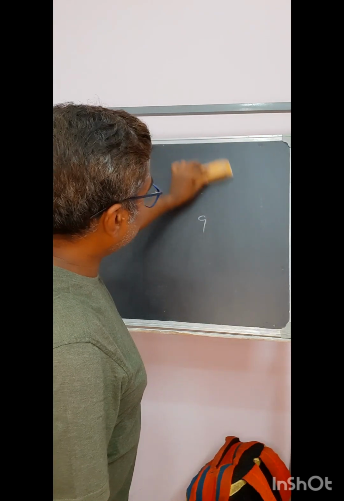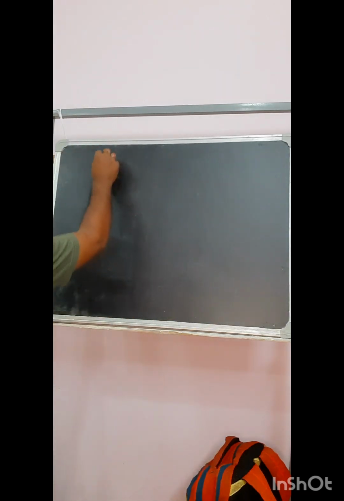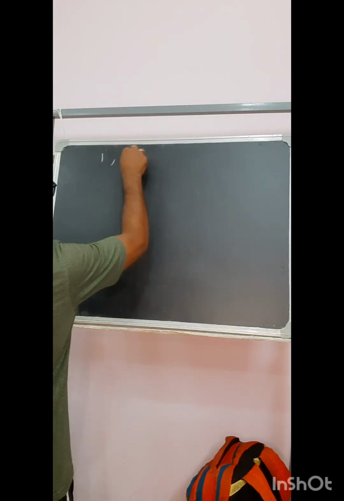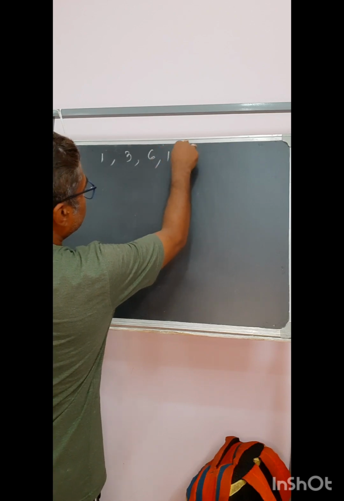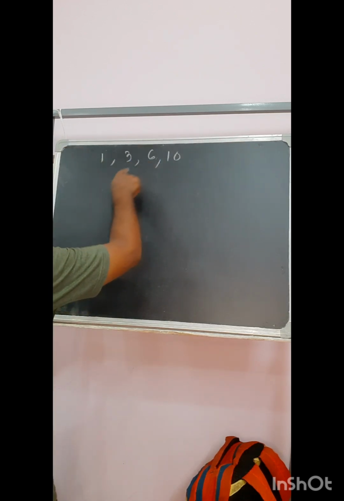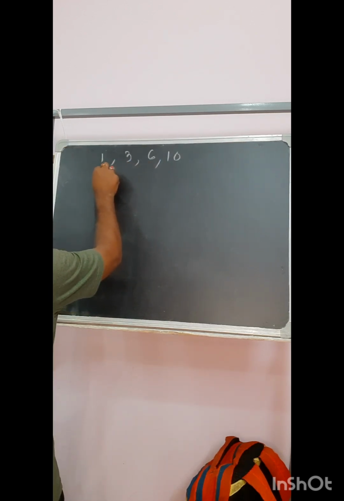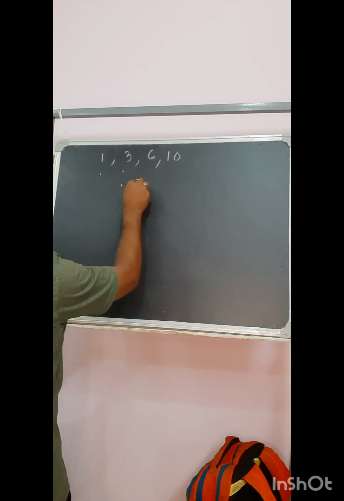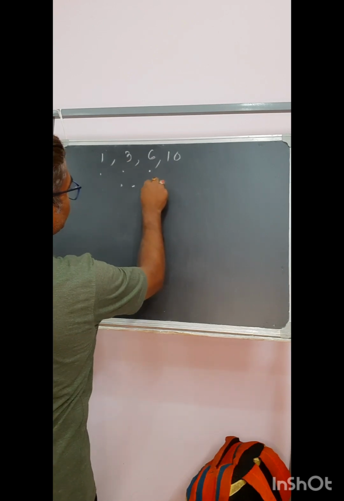Now in this, if I see the numbers 1, 3, 6, 10 and so on, these form particularly a triangular shape.